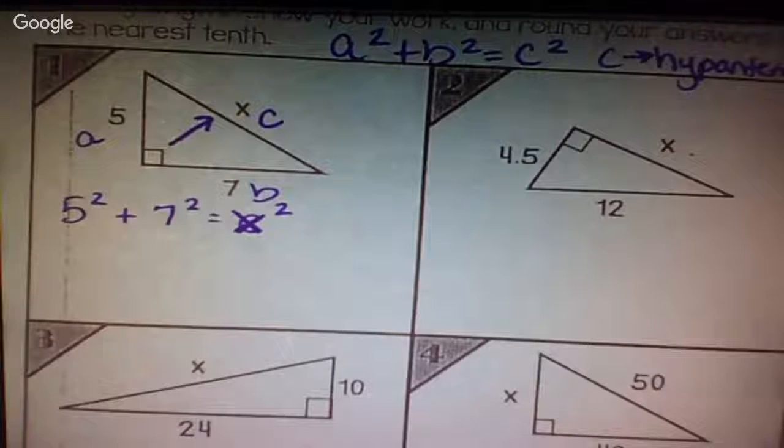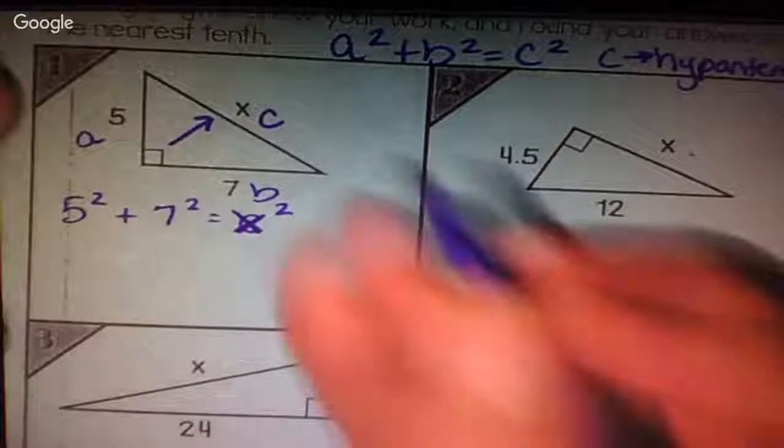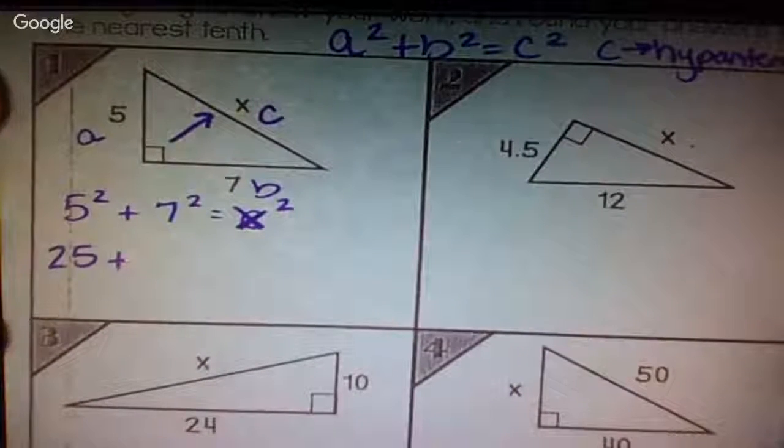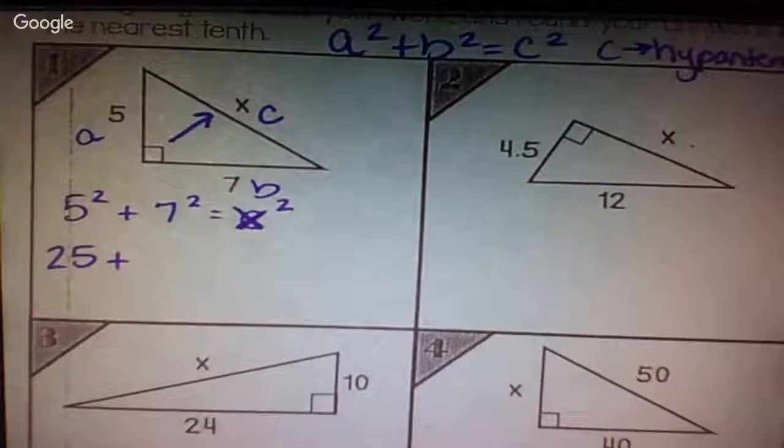5 squared is what, Quentin? I know. I got so many Quentins in here today, though. Do 7 squared. Okay. 5 squared is 25. Victor, what's 7 squared? 49. Equals X squared.